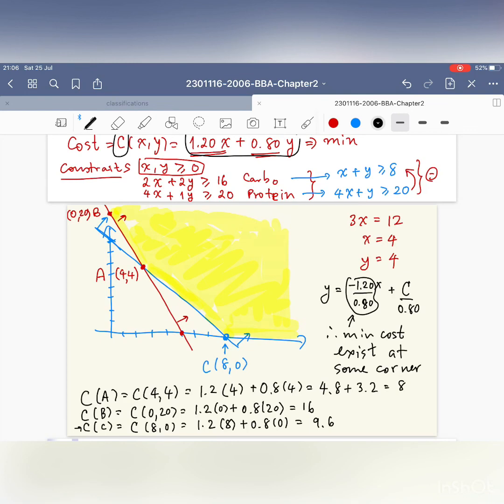So which one is the minimum? Here is the minimum cost.